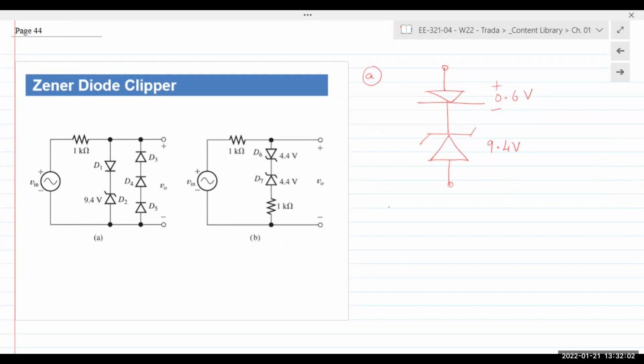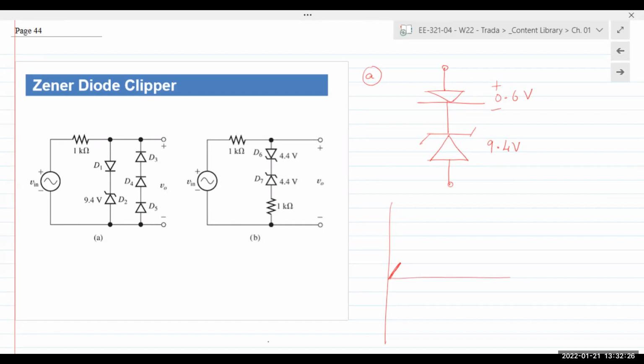Yeah, positive voltage. Diode D1 turns on. Does it turn on? Zener is going to prevent it from being turned on.